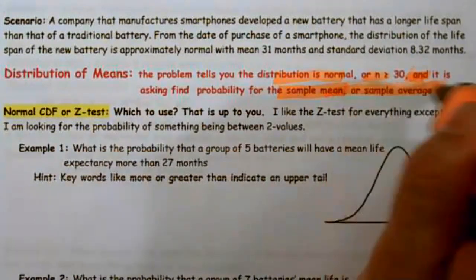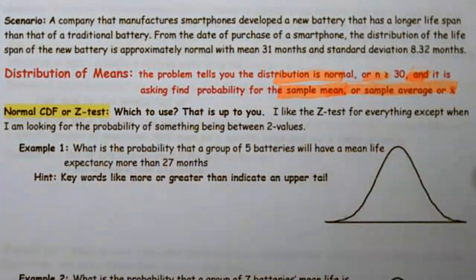Those are the key things you're looking for. So if the distribution is normal or the sample size is 30 or larger, then you can go ahead and use the distribution of sample means.